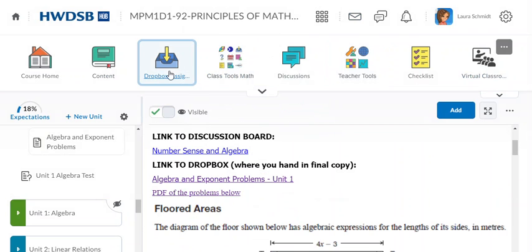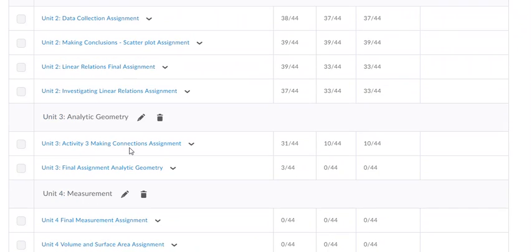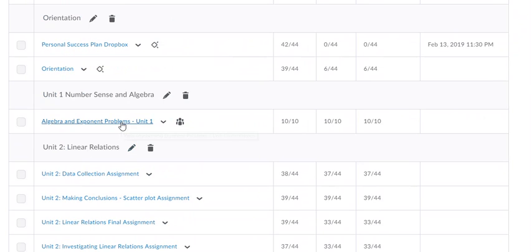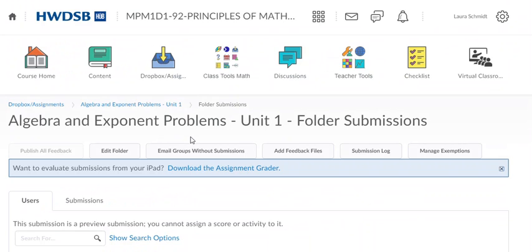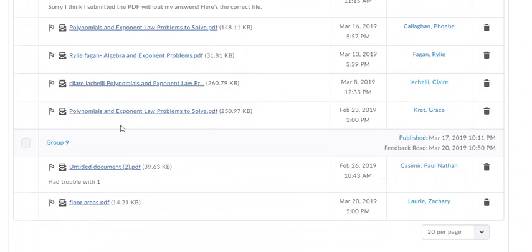So I'll just show you. In the Dropboxes, yours will look different than mine because I can see everyone's, but in here, group 1, there's a group 9 here. So Paul, Nathan, and Zach are in your group. So you should be able to see group 9 stuff. So that's where you are.